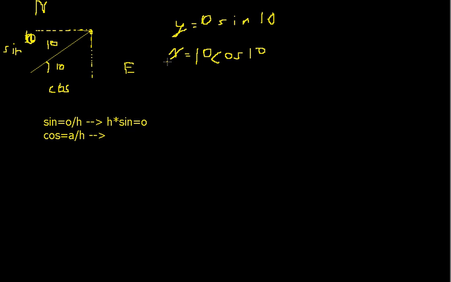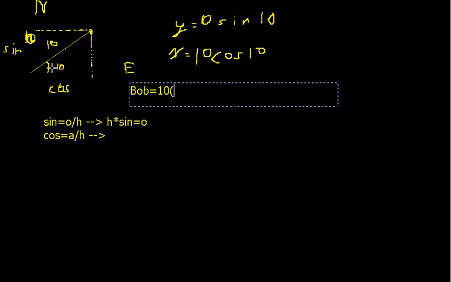And likewise, you could have done this. You could have said, okay, this could be written as, let's name it Bob again. Bob equals 10, the magnitude, right? How big this vector is, how fast they're moving, how far they moved, how much force, whatever. That's what the magnitude is.